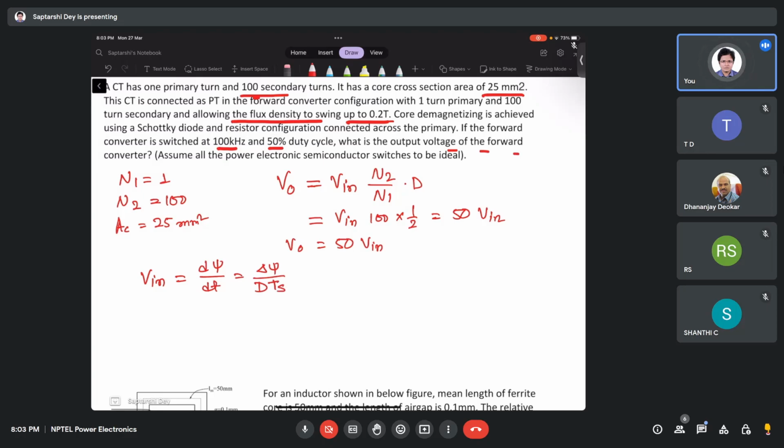Delta psi is N delta phi. This is primary side. Primary side N is 1, so delta phi by Ts. Phi is B dot area, so area of core times delta B by Ts.